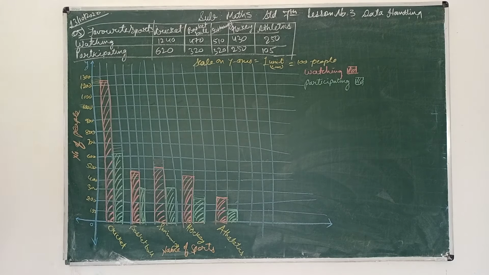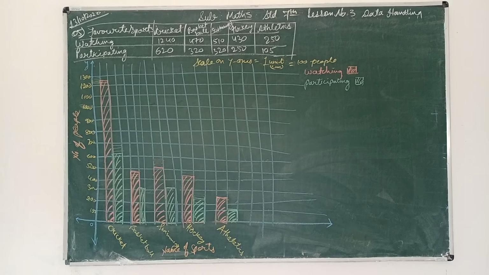This way you can plot this graph, and there are some questions which you have to answer. Draw the double bar graph using an appropriate scale. We have drawn. What do we infer from the graph? From the graph we can see that mostly people are watching all the sports. They are not participating.